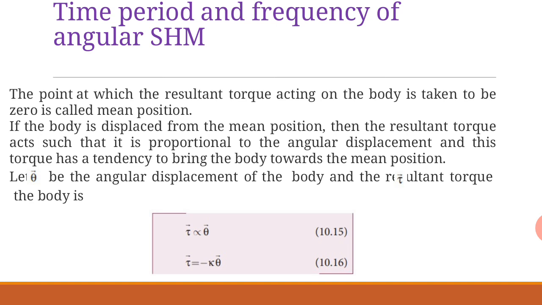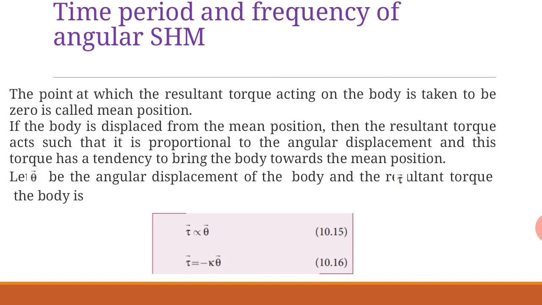The point at which the resultant torque acting on a body is zero is called the mean position. If the body is displaced from the mean position, the resultant torque acts such that it is proportional to the angular displacement theta. This torque has a tendency to bring the body towards the mean position.